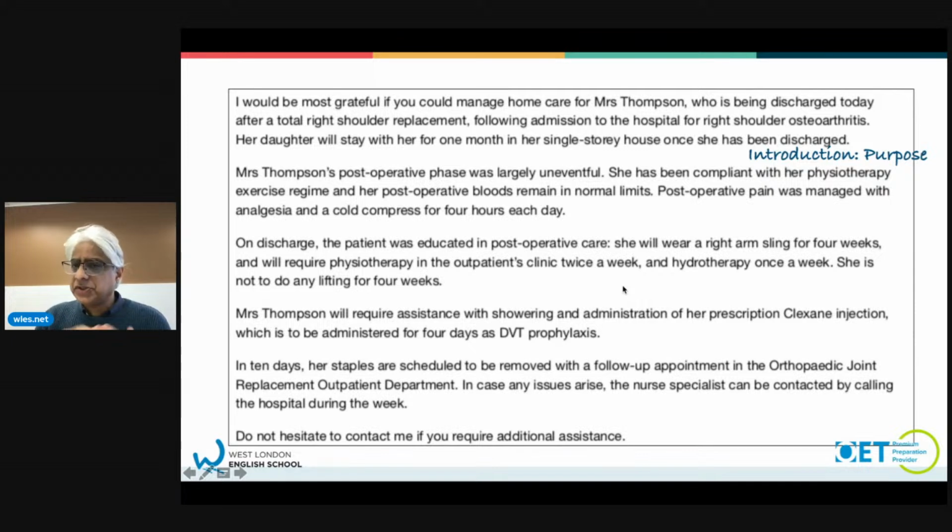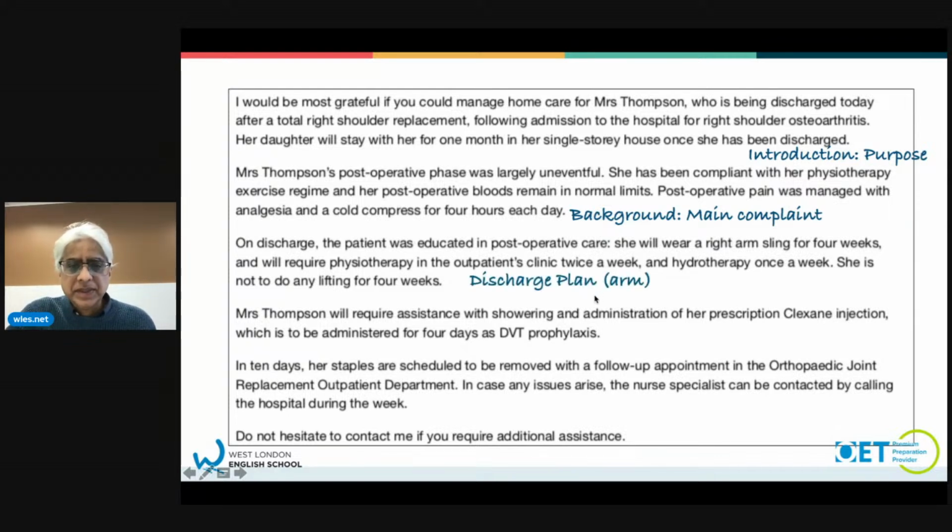That's really important. State the purpose, and then you've got to expand on the purpose. We got background information talking about the main complaint here, and talking about the patient's treatment in hospital. Not too much to write about. And really, I think from here where it says on discharge, she will wear a right arm sling for 4 weeks, this is really the important stuff. This is really the stuff that the home nurse wants to know.